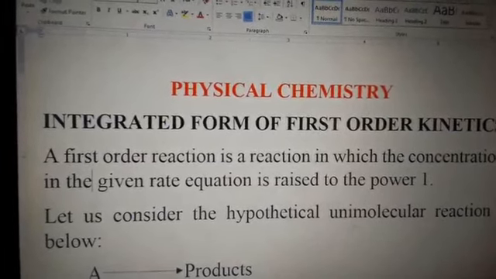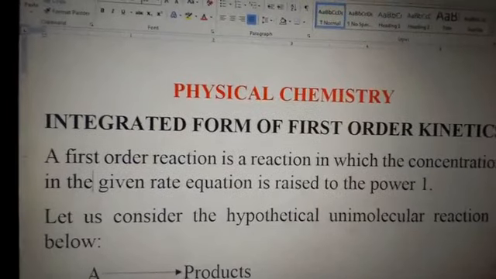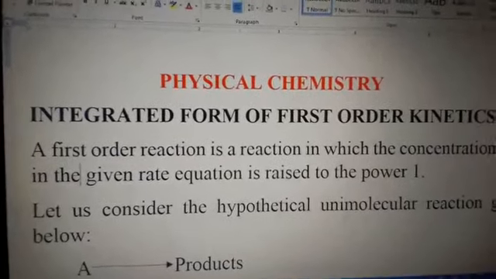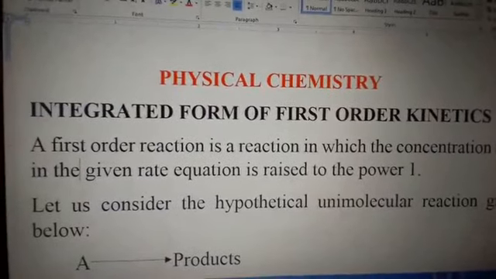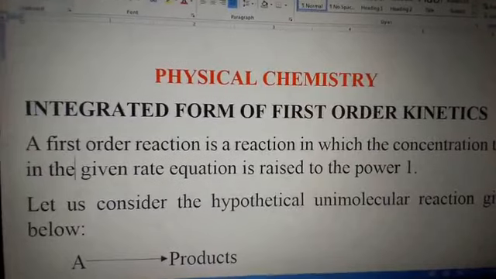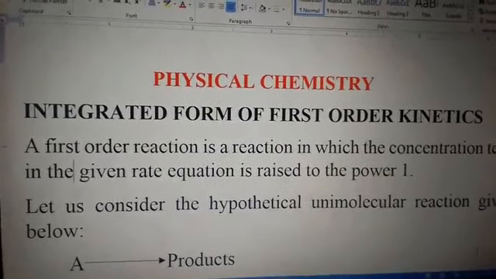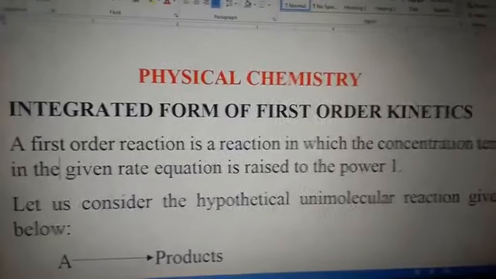The derivation of the integrated form is meant for these people I just mentioned, while the calculation aspect of it is meant for all science students in tertiary institutions, both those in first year, second year, and also in postgraduate or PG programs.